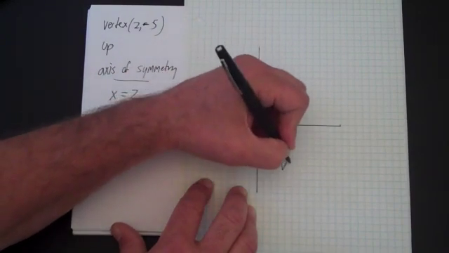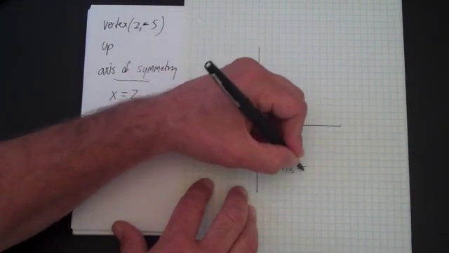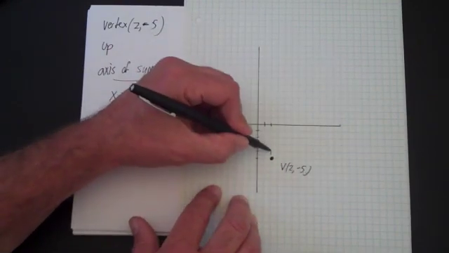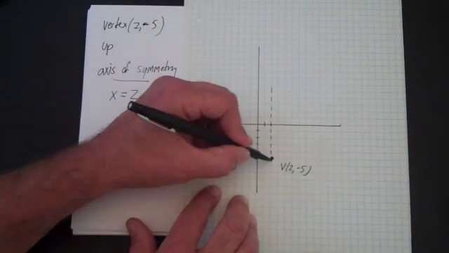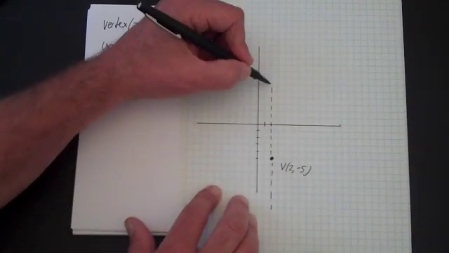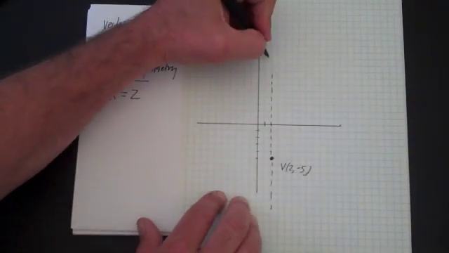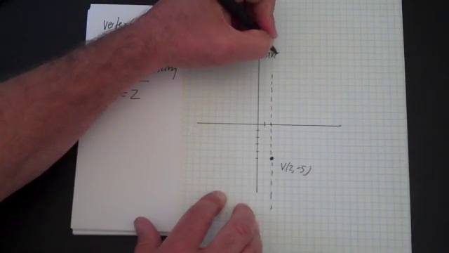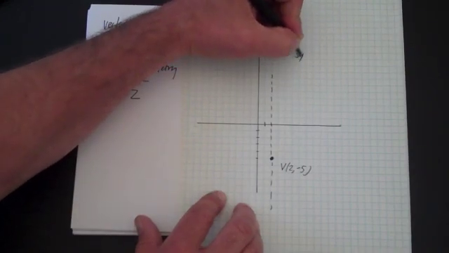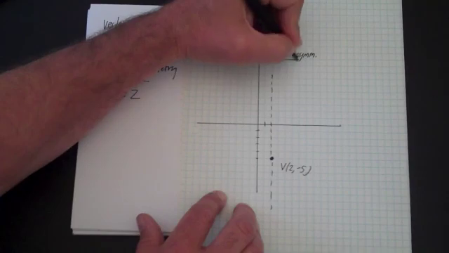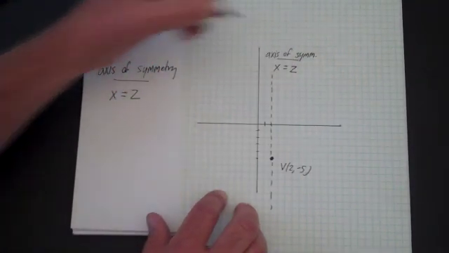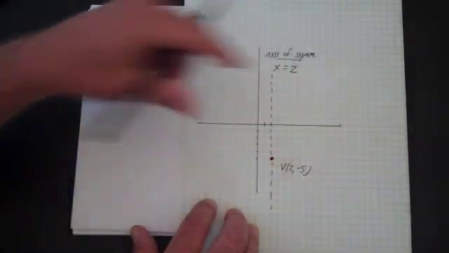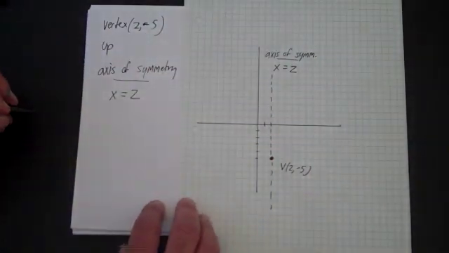I like to put a little V there to remind me that's the vertex. And then you know the axis of symmetry is going to be a vertical line that goes through that point. Now the axis of symmetry isn't part of the graph, so I draw it as a dotted line. And that's going to be a vertical line, so it's always going to be x equals something, because it's x equals 2.